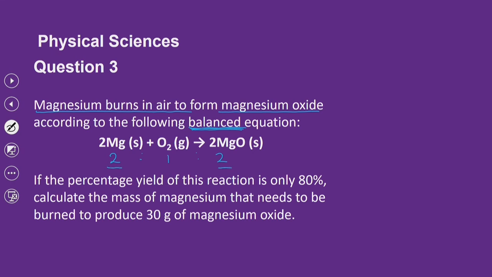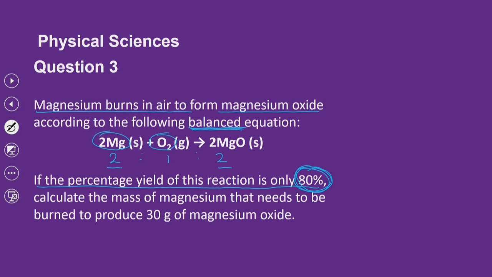Let's continue. The question says, if the percentage yield of this reaction is only 80%. This is very important. If you put this in a test tube to react, the yield of magnesium oxide would only be 80%, so 20% would go back to form your reactants.